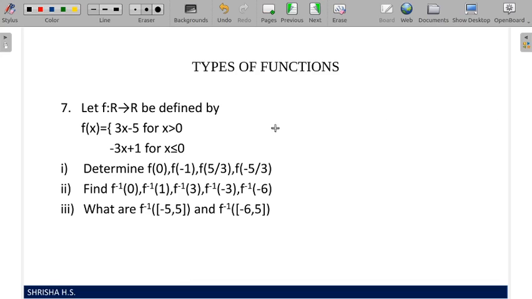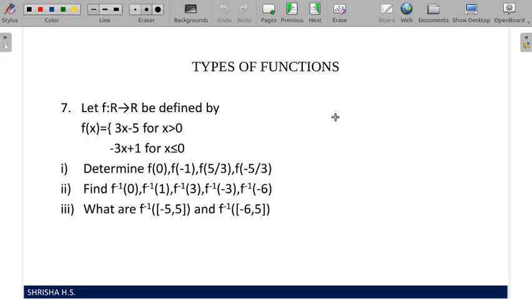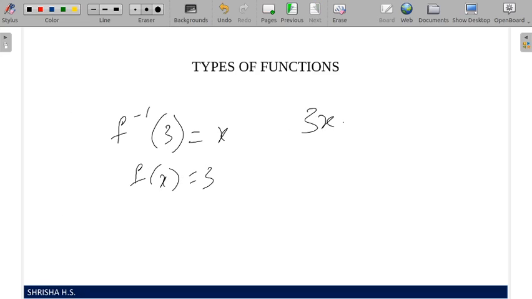So next we will take f inverse of 3. So for some x, f of x equal to 3. So we'll take 3x minus 5 equal to 3, so x equals 8 by 3. So this is okay. Next, let's see for minus 3x plus 1 equal to 3.